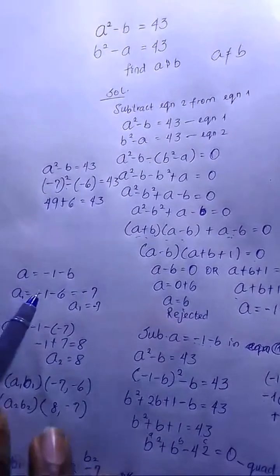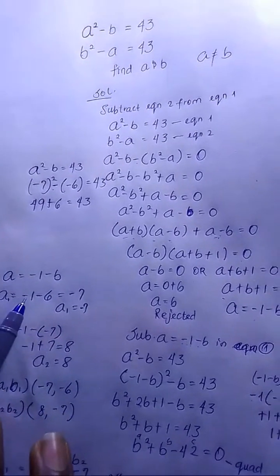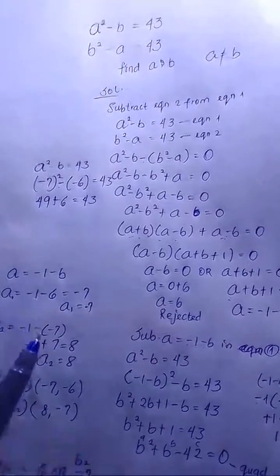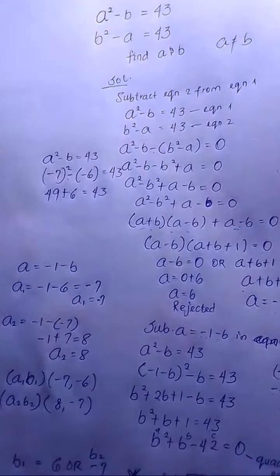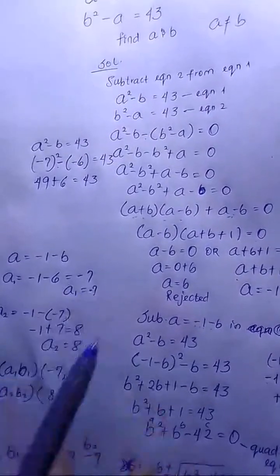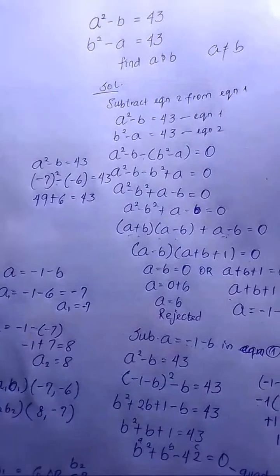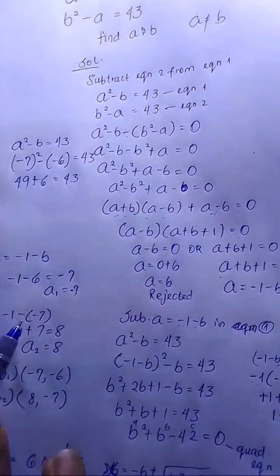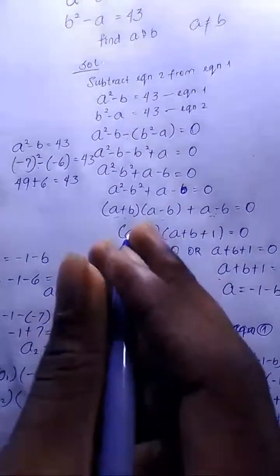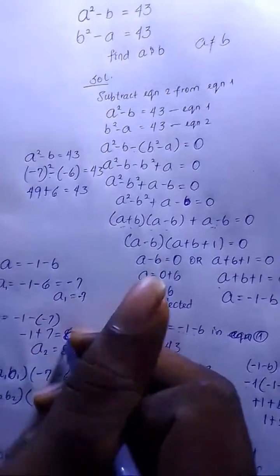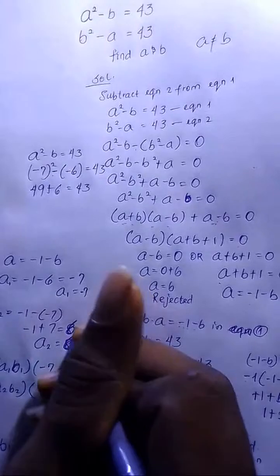So when we substitute it into minus 1 minus B, minus 1 minus 6 gives us minus 7. And for B2, we had minus 7 as an answer. So minus 1 minus minus 7 is minus 1 plus 7, that's 7 minus 1. This is giving us 6.